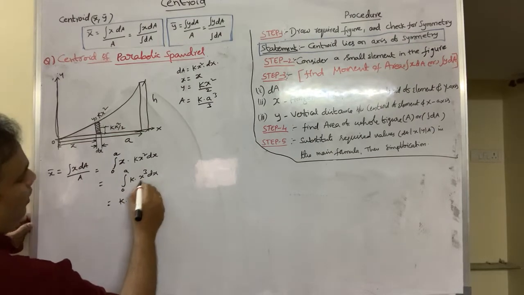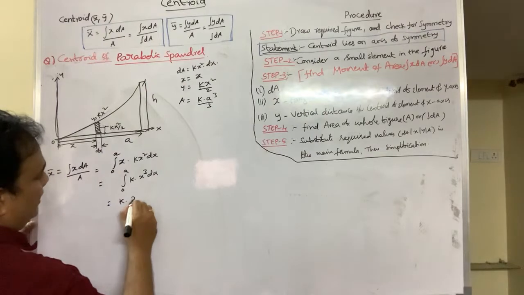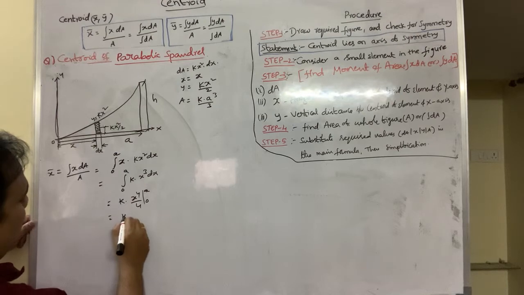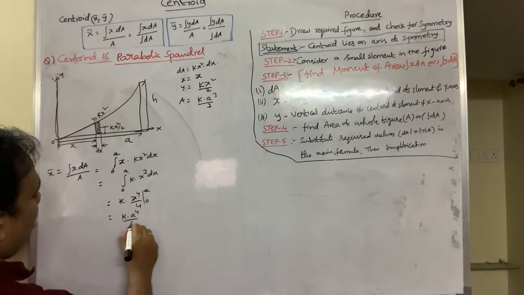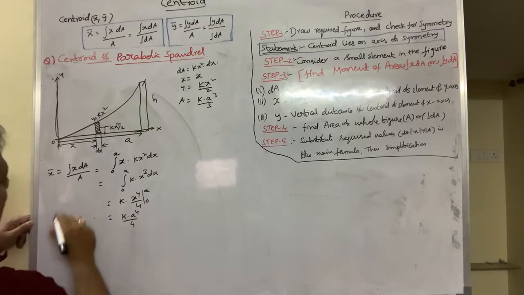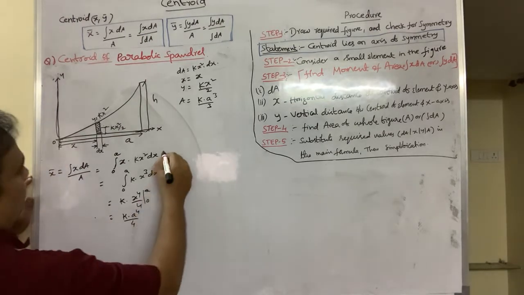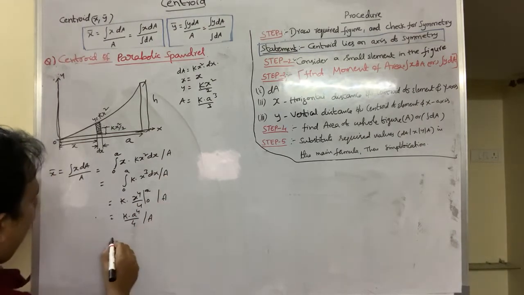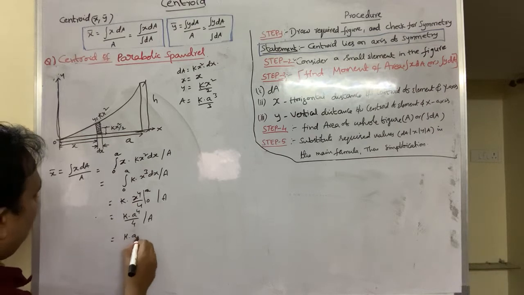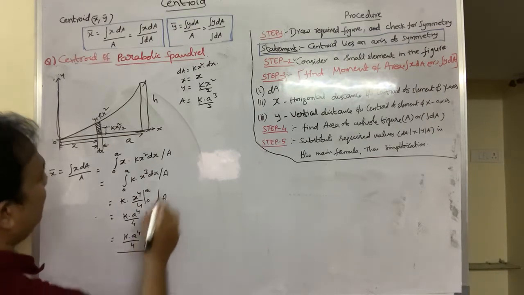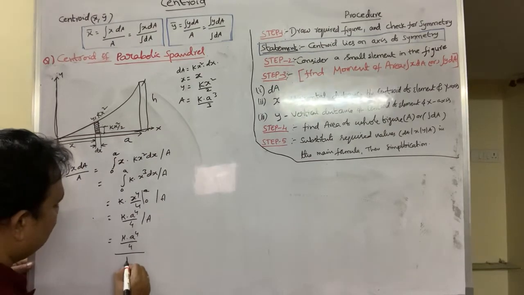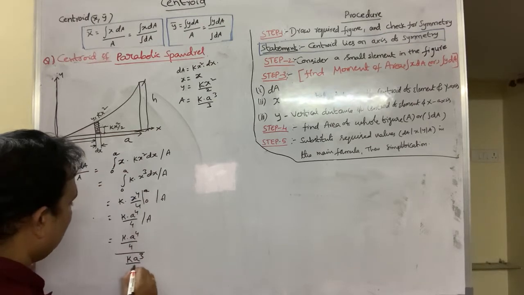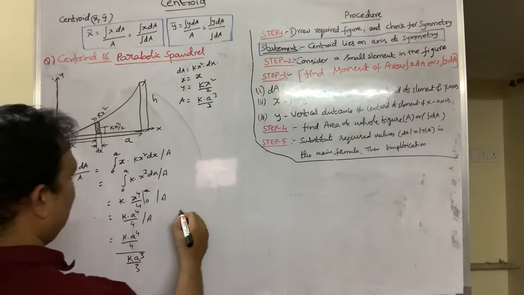What is integration of x cube dx? X power 4 by 4 with limits 0 to a. So this is k into a power 4 by 4, divided by A, which is k a cube by 3.